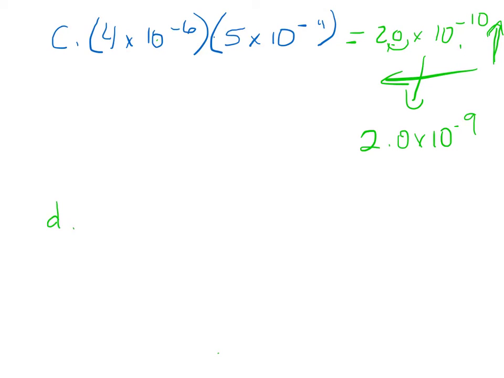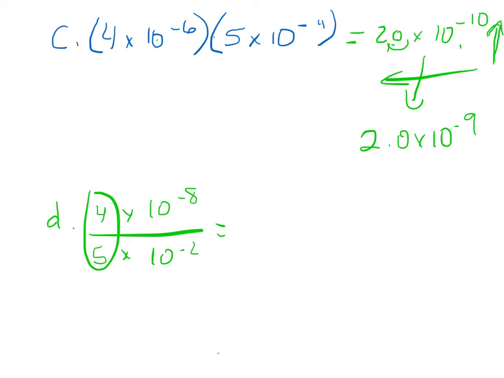All right. Last one here, D. 4 times 10 to the negative 8th over 5 times 10 to the negative 2. Over here we've got 4 divided by 5. So 4/5 is 0.8, times 10, and a negative 8 minus a negative 2 will really be plus 2. That would be a negative 6. Now, again, the decimal is in the wrong place here.